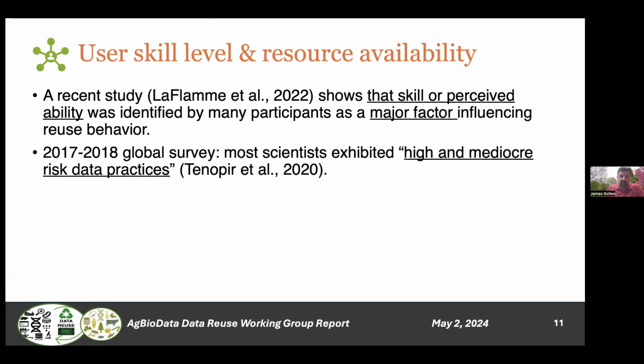And so a recent study showed that the skills or perceived ability was identified by many participants in reusing data as a major factor influencing their behavior. And most scientists in this 2017-2018 survey from Phenotypic were either highly or kind of mediocre in their risk averseness to reusing data.